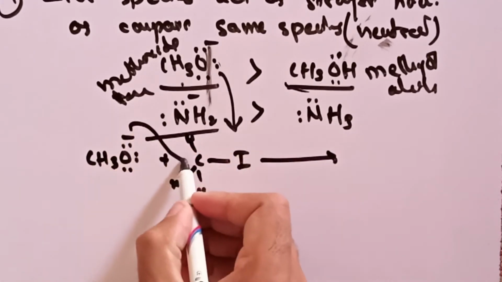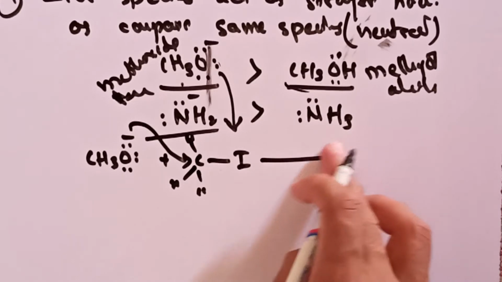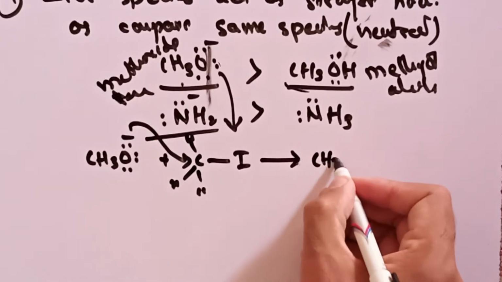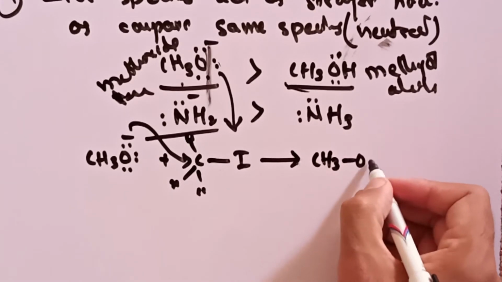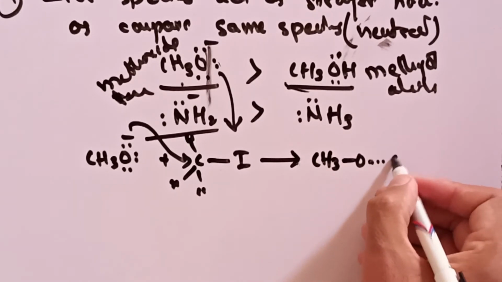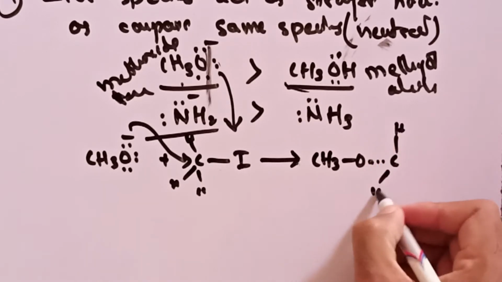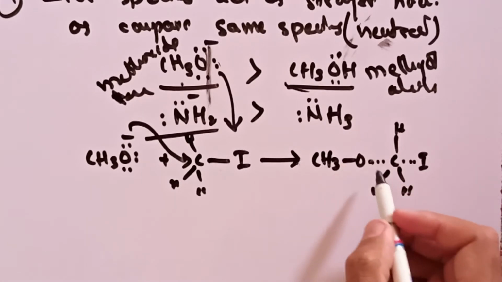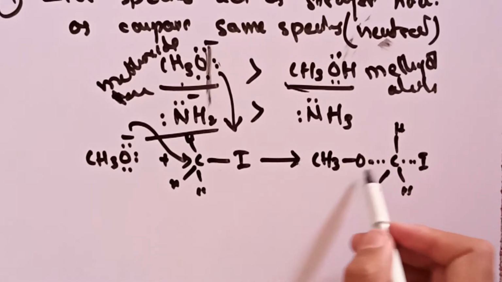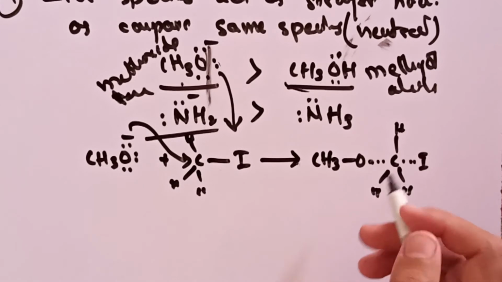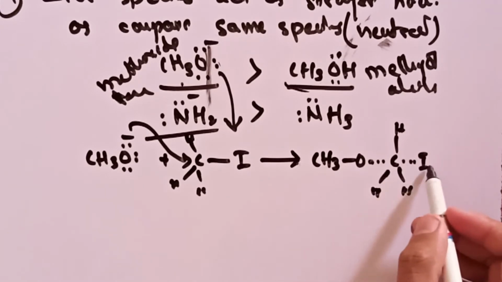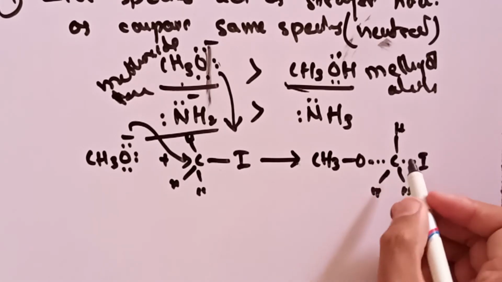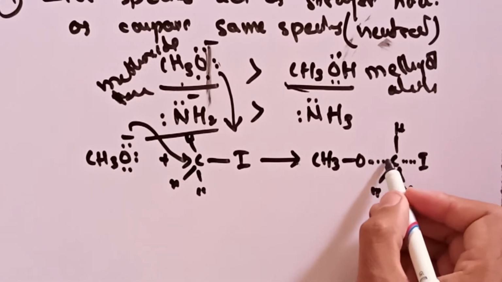When they react, they first form a transition state, which will be like this: CH3O, C, H, H, H, and I. Here the bond between methoxide ion and carbon is partially formed, while the bond between carbon and the leaving group is partially broken, so it is denoted by dotted lines.